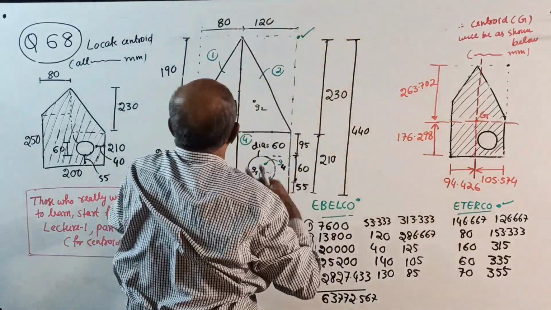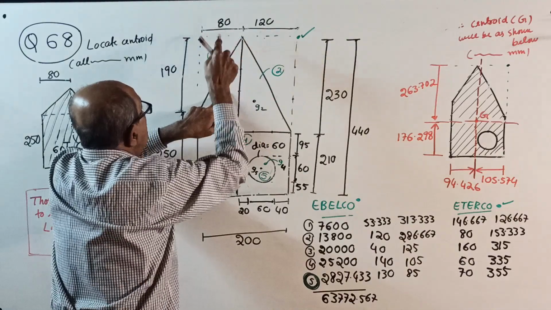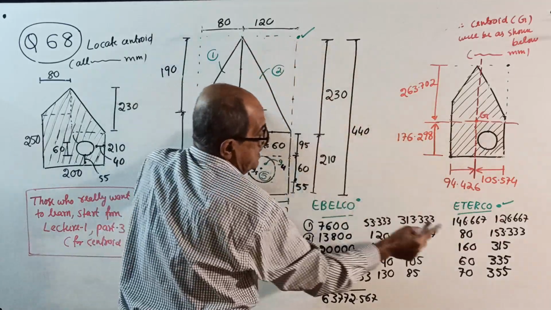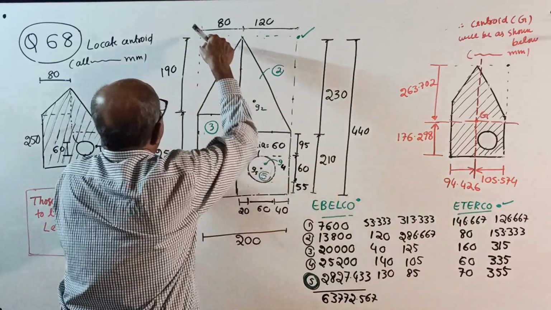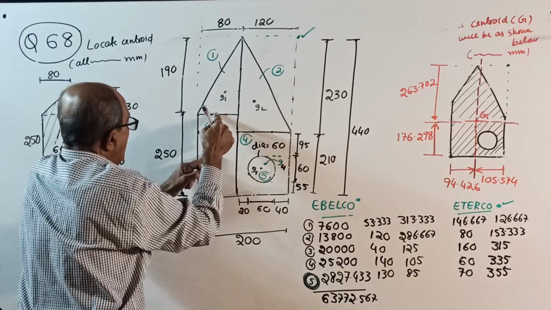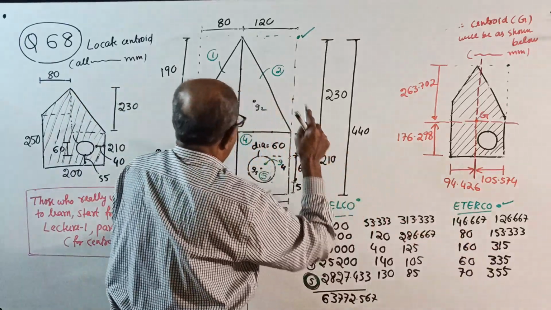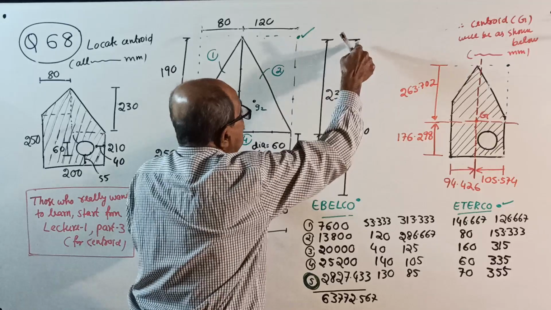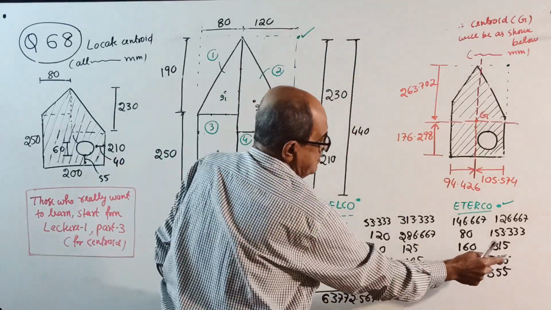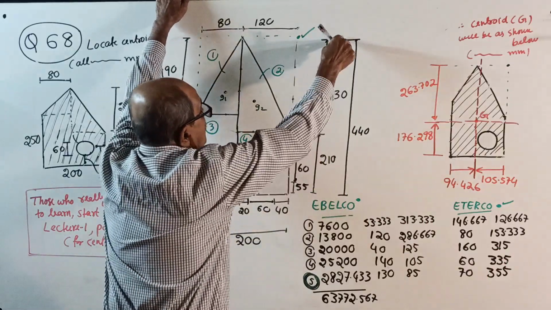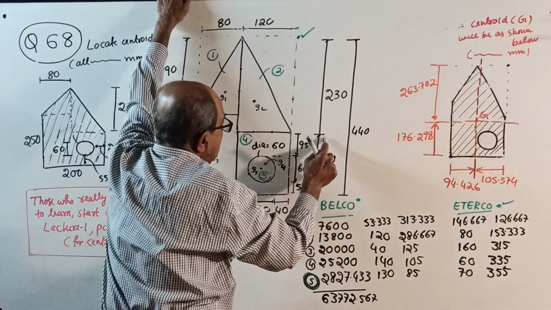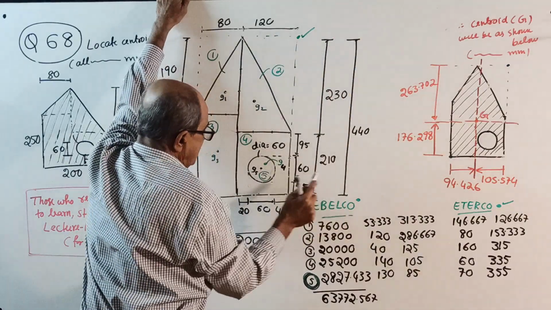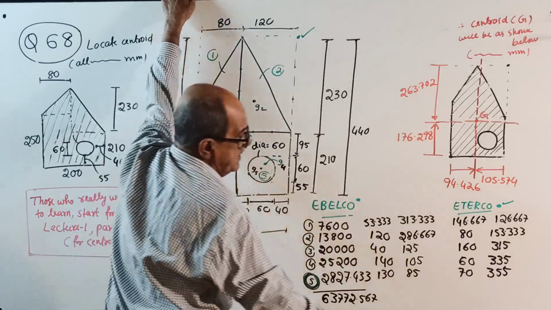Y, 2/3 of 190. 2/3 of 230. 190 plus half of 250. 230 plus half of 210, or 440 minus half of 210. 440, see, 230 plus 95 plus half of 60, or 440 minus 55 minus 60 by 2.